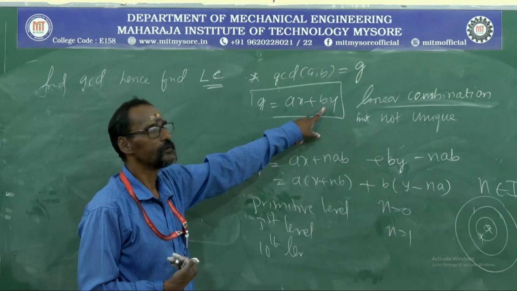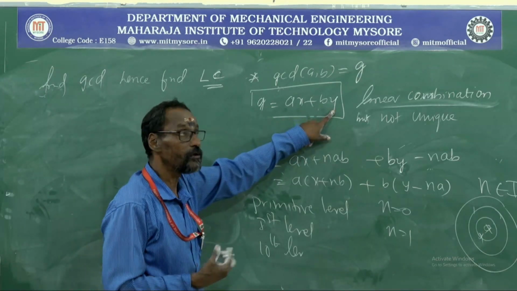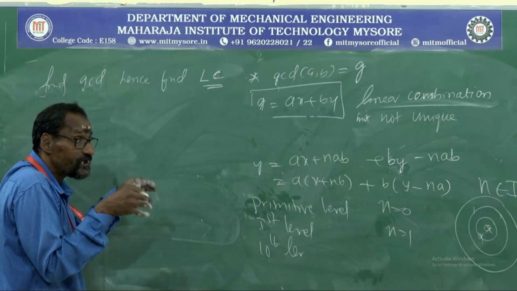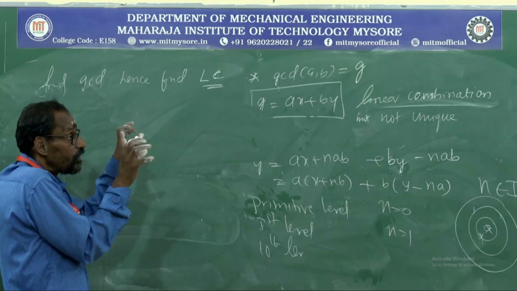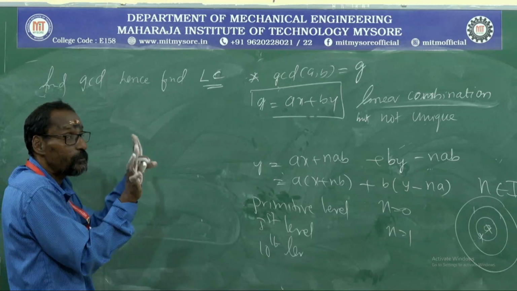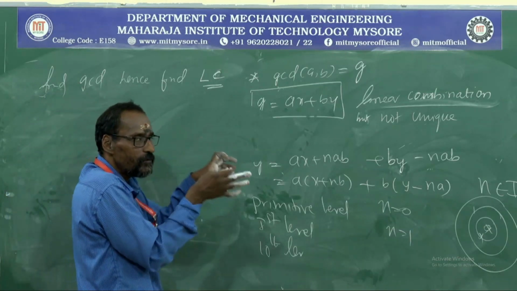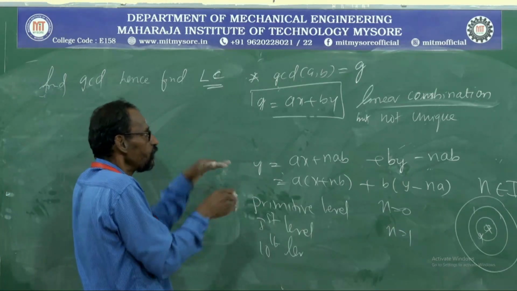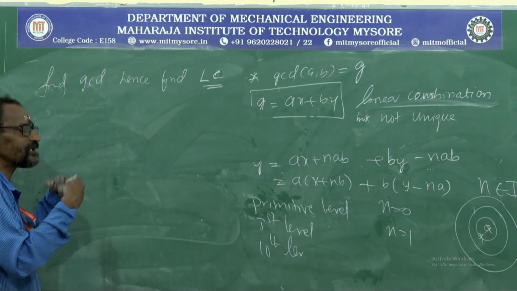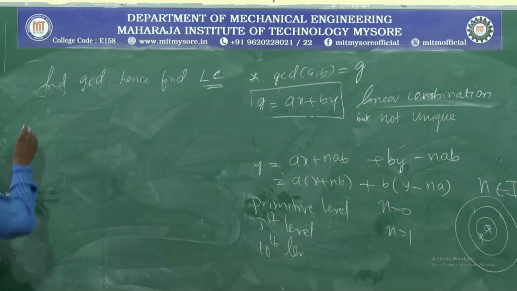Given two numbers. What are X and Y? You are investigating X and Y in such a way that when you consider the combination of AX and BY, a linear combination without any power, their algebraic sum will be my G. Is it unique? No. I can have many such values. I'll show you an example.